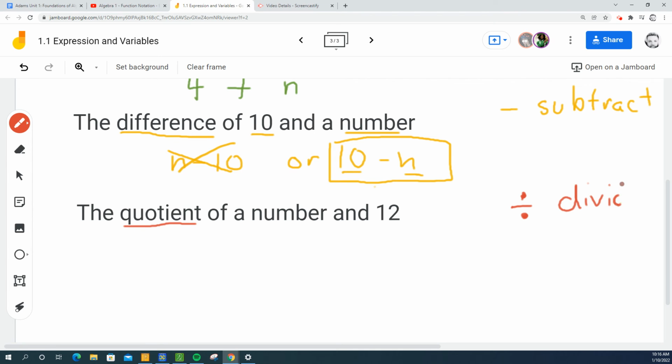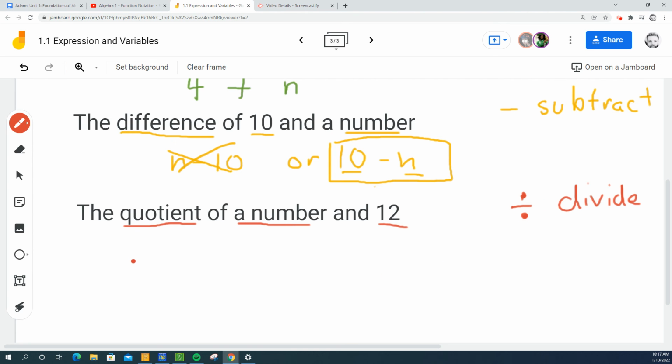And in algebra, we tend to write division problems like a fraction. So, same thing, the order matters. So, if I say a number and 12, what do I write? Well, let's write it out. If I were to use the division symbol, what do I write?